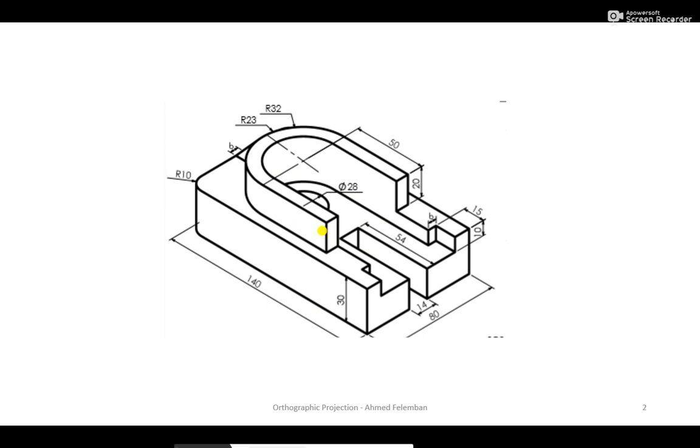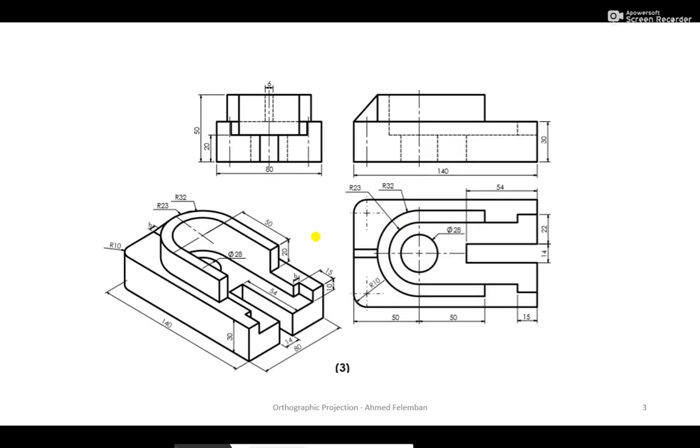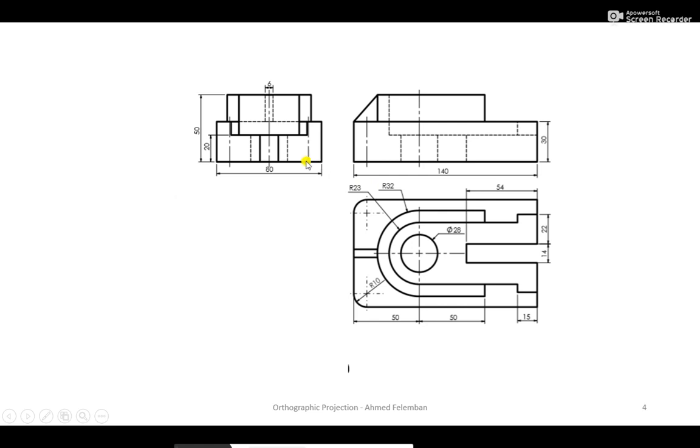Now what is the orthographic projection? Simply we just give you the front, the top, and the right, but without the isometric, without the 3D model. We give you the full dimensions, and you have just to draw the 3D model.